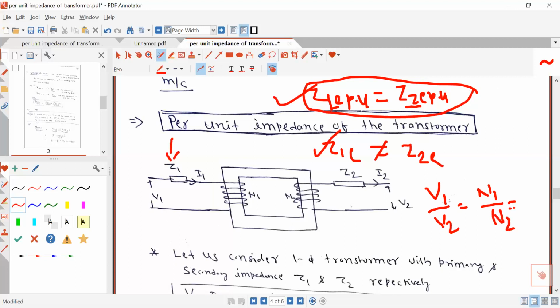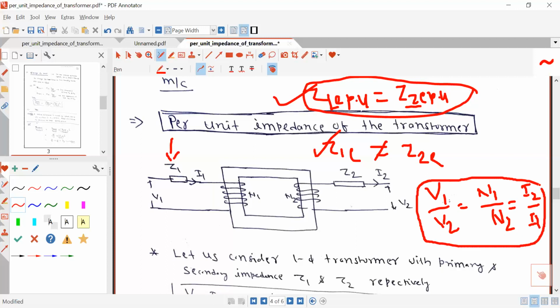And also, if you ignore no load current, then this ratio will also be equal to I2 by I1. So you must remember this formula.